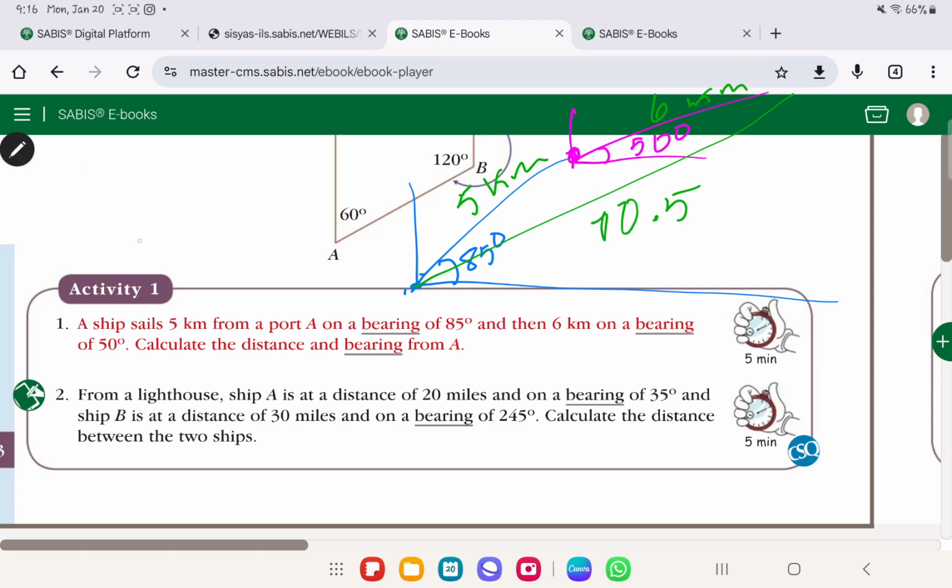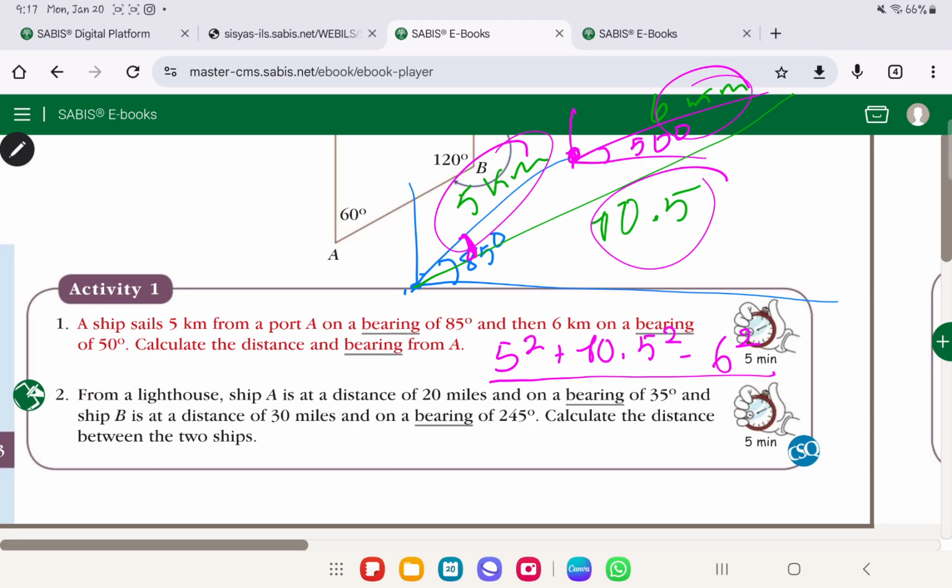So now they need us to find the angle that they are looking for. Very simply, we are given three sides, so we can apply the cosine rule. But we're going to take the other format, in which it is 5 squared plus 10.5 squared minus 6 squared, divided by 2 times 5 times 10.5.